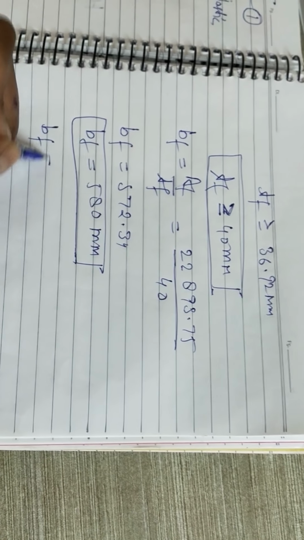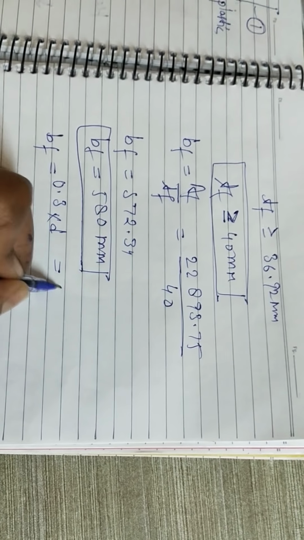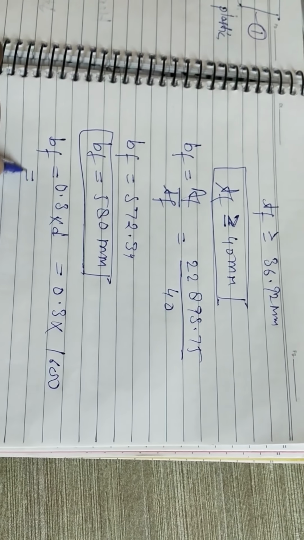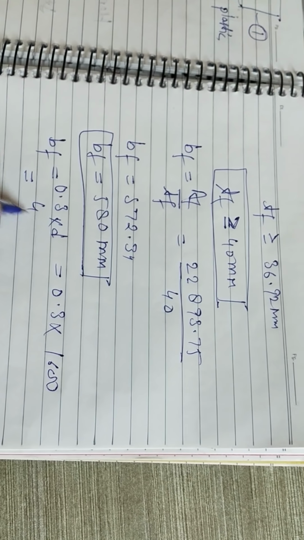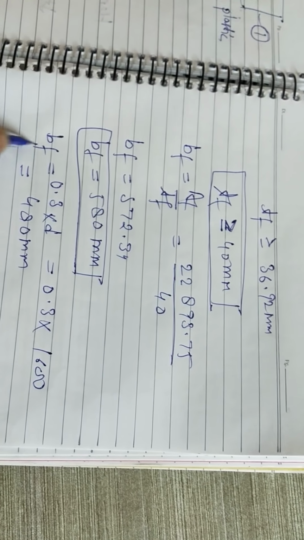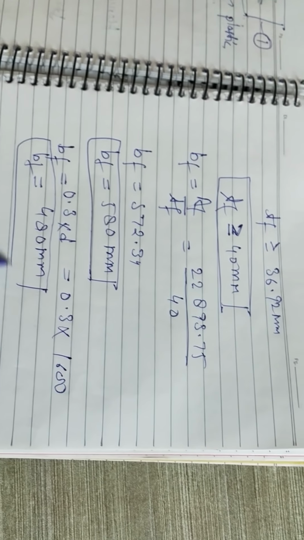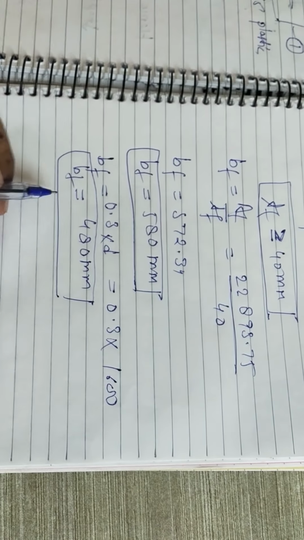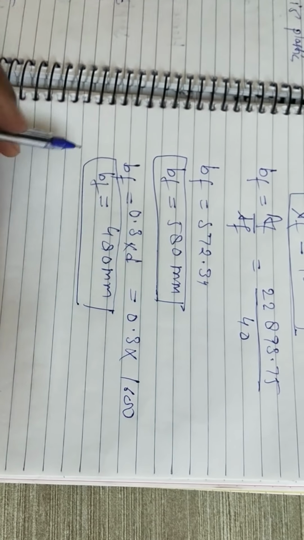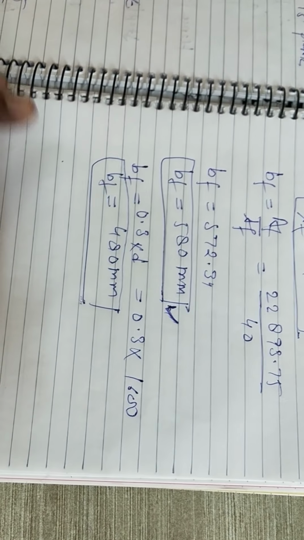bf also has to be checked against 0.3 into d, where d equals 1600, and it will be 480 mm. I have already told you in the previous video, we will take the maximum value of bf, and you can see here that 580 is the maximum value, so it will be used everywhere for bf.